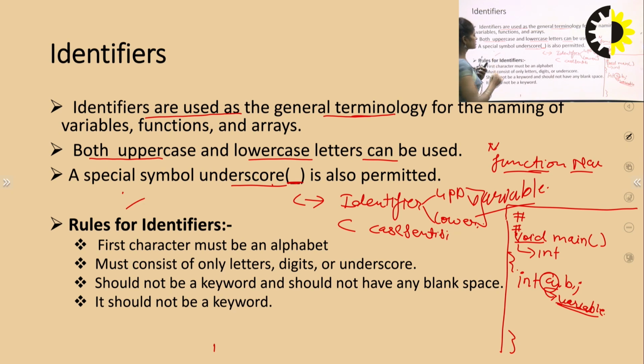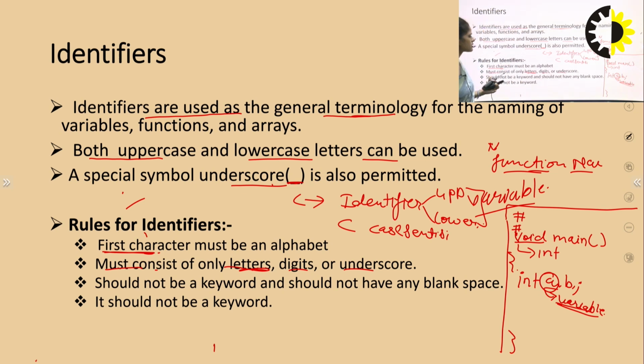So there are some basic rules whenever we define identifiers. The first character must be an alphabet. When we declare and name identifiers, we have to take care of some conditions and rules, and the rule is that the first character of the identifier is always an alphabet, right? The second condition is that the identifier must consist only of letters, digits and underscore.